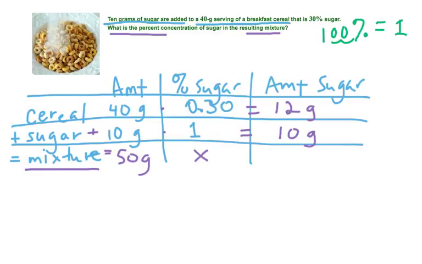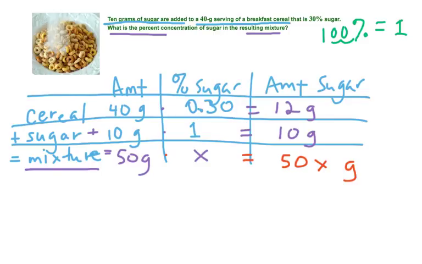So let's just multiply across. 50 grams times X percent sugar is 50x grams.